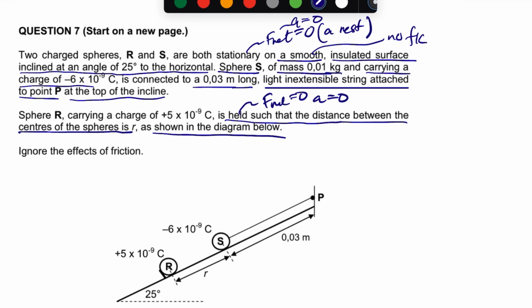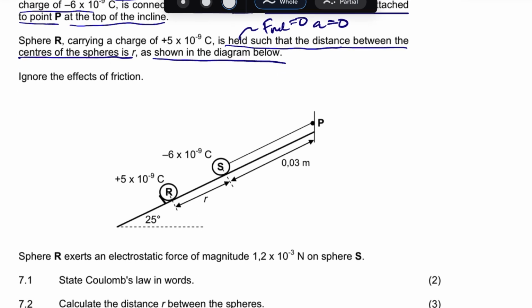So we are told there is a distance between them. The distance R is unknown. But what you need to know, there's an electrostatic force between the two, right? Okay. Let's answer the question.